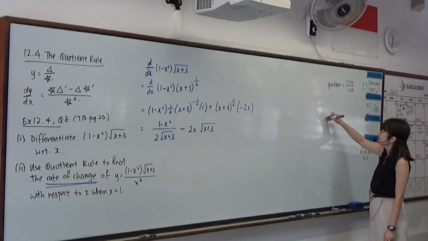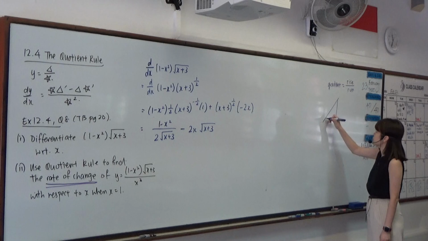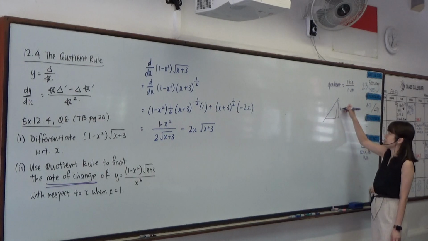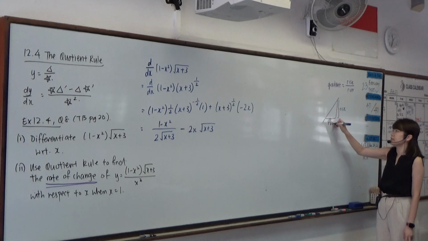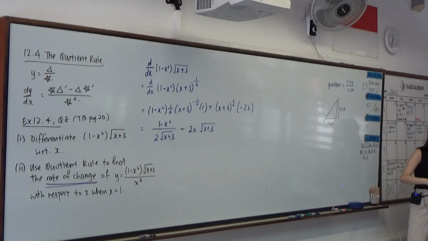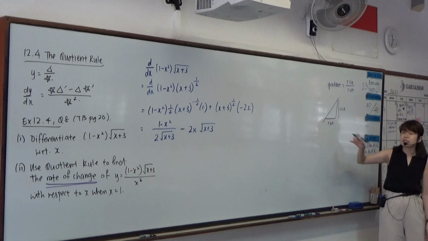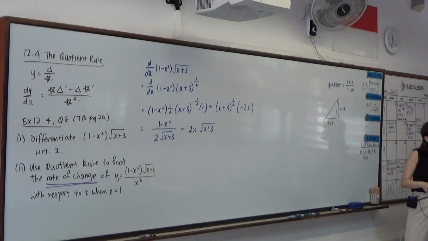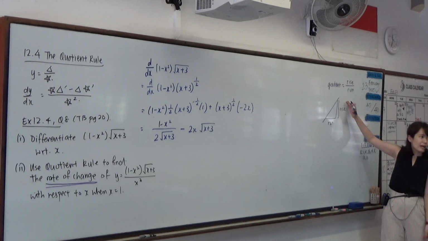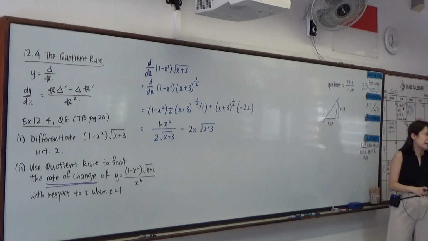If I have a straight line, rise will be this and run will be this. The rise is actually the difference in the y values, the run is actually the difference in the x values. The difference itself is also a change. A change in the y value, a change in the x value.